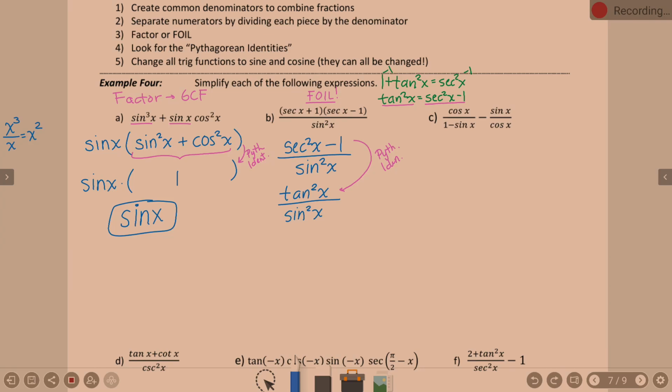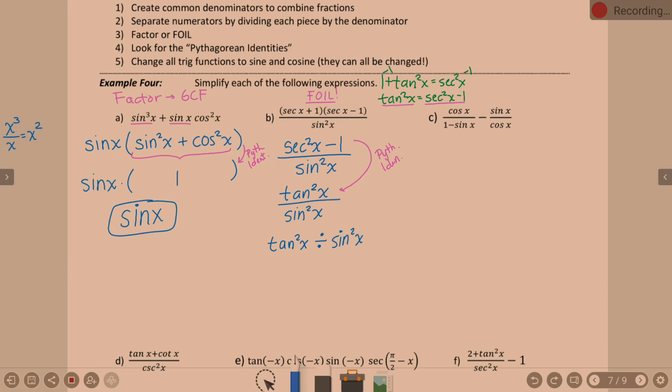So I'm just going to do a rewrite here. This is tan squared x divided by sine squared x. True? The suggestion was to change, using the quotient identity, tangent to sine over cosine.